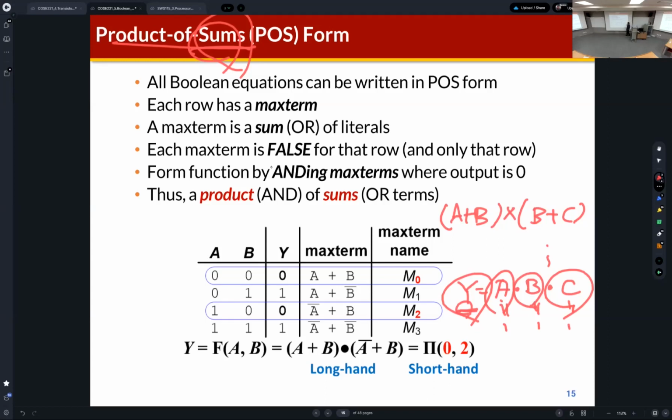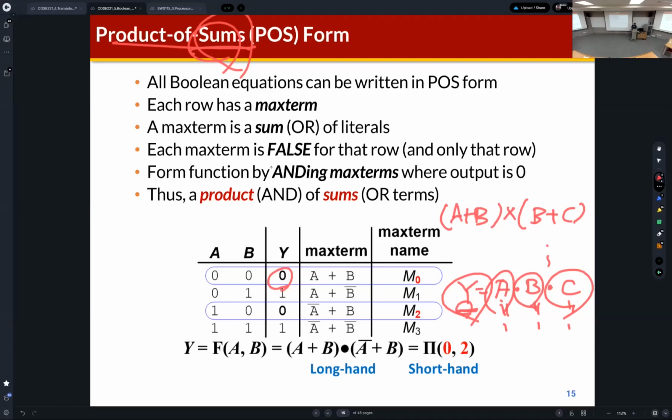Then, unlike the SOP form, we need to focus on the max terms that can make y 0. So you can think inversely. When you generate the POS form, we need to focus on the rows that can make y 0.